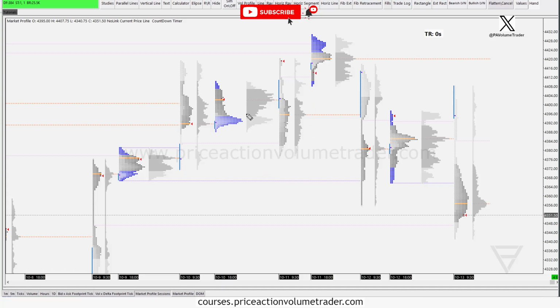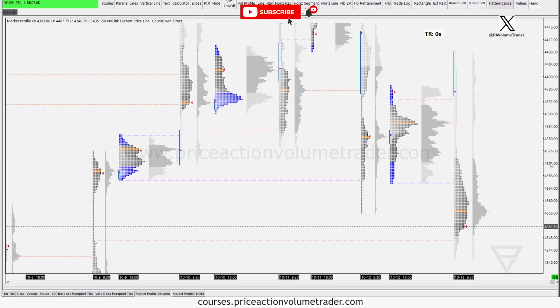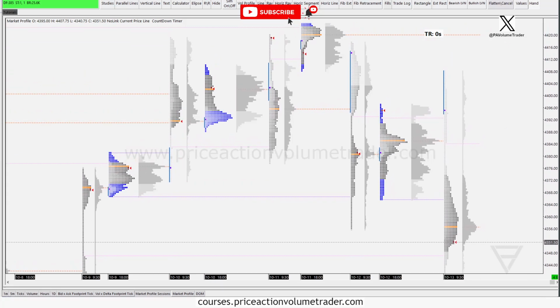And similarly, you can see, for example, the singles and the poor highs and lows I have here highlighted. So for example, here, this pink line is a single. A single is basically a single 30-minute period where we did not accumulate any time here. So if you think about a chart, this is basically representing like a gap or like an impulsive move on the chart.